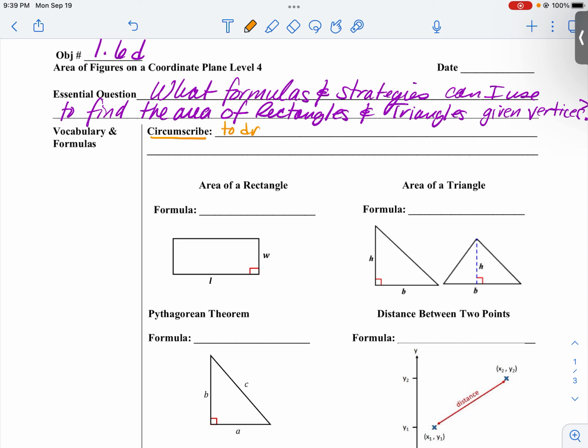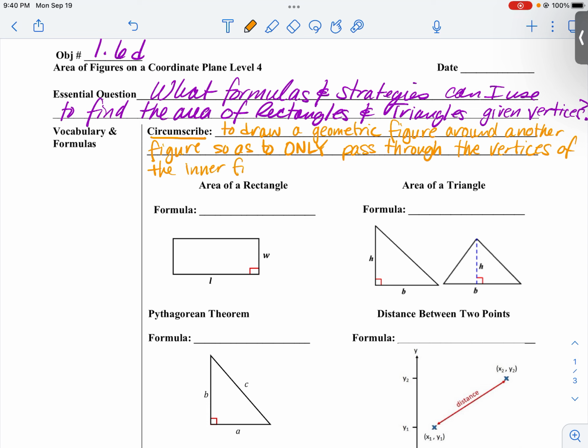Circumscribe is to draw a geometric figure around another figure so as to only pass through the vertices of the inner figure.